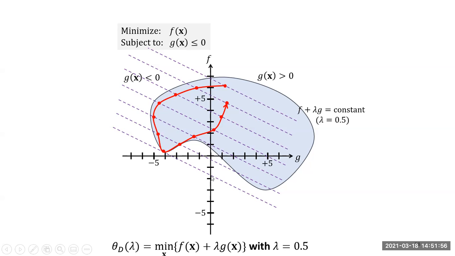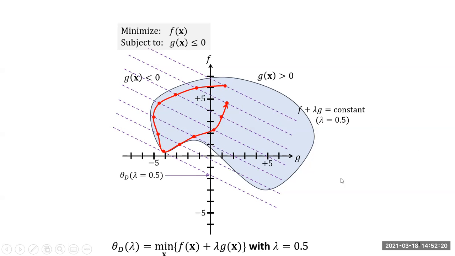The value of the constant is this. Then if I come here, the value of the constant starts increasing, right? It was decreasing all the way here, and then it starts increasing. Do you see that? Yes. And this was for lambda equals 0.5.